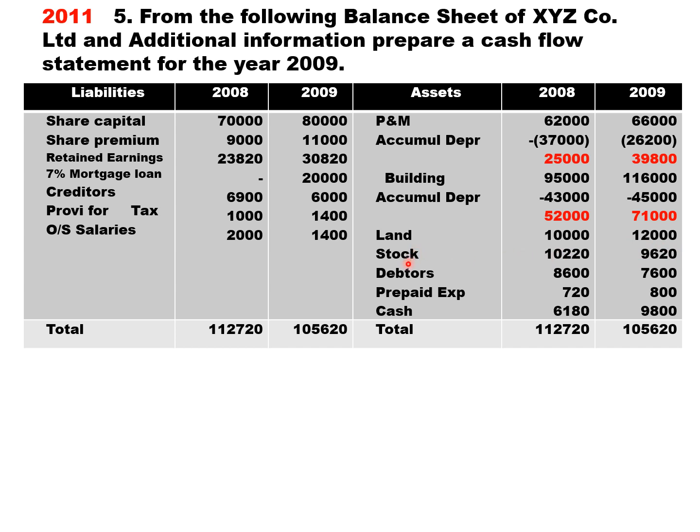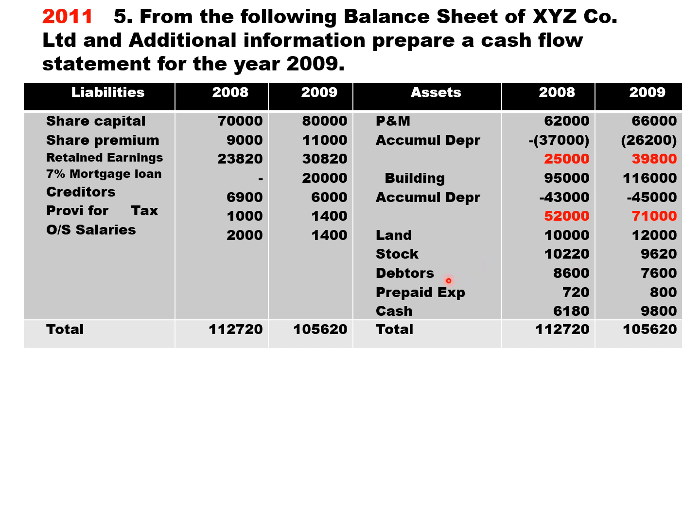Debtor is a current asset. Operating activity. Stock is a current asset. There is a decrease in stock. It will come in operating activity. Last year 10,220, current year 9,620. There is a decrease in stock to the extent of 600. You should add.